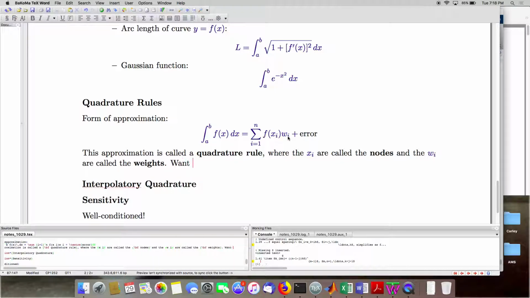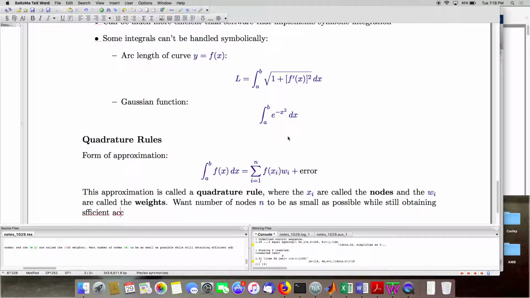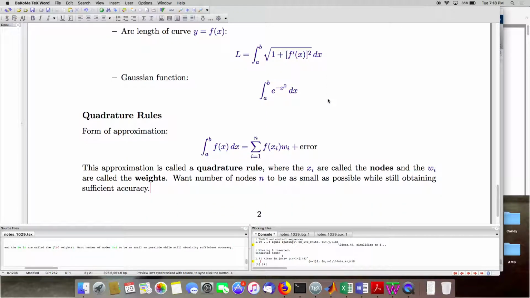So we want the number of nodes n to be as small as possible while still obtaining sufficient accuracy.